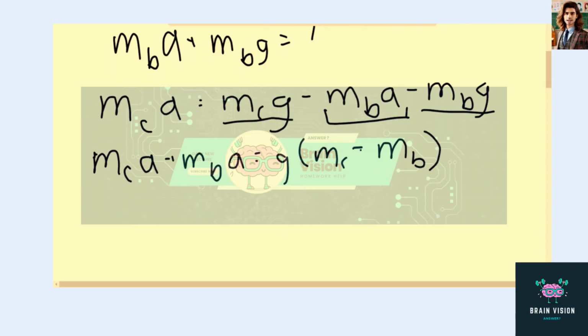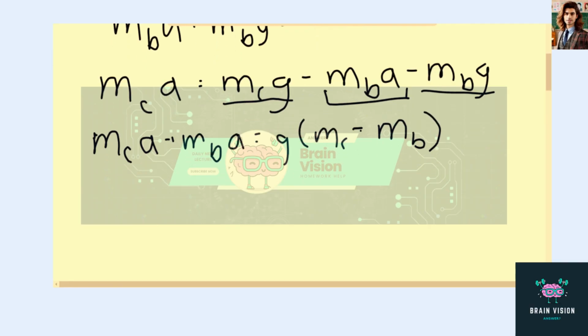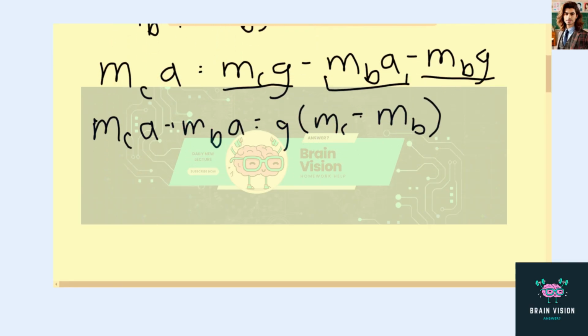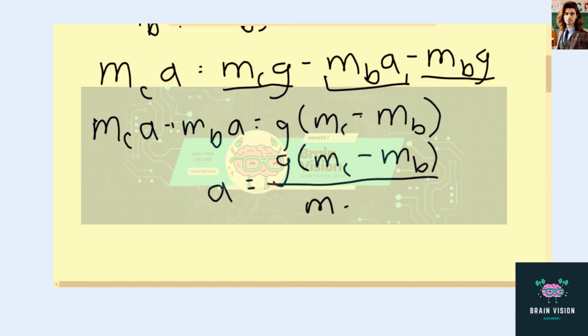And then all we have to do is pull out a common factor of a on the left side and then divide over the sum of the masses. So we're going to have a is equal to g times m sub c minus m sub b over the sum of those masses.